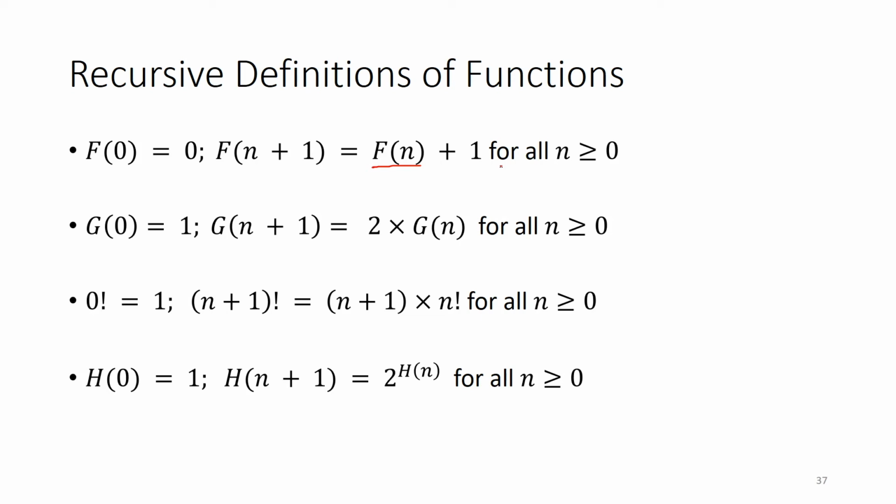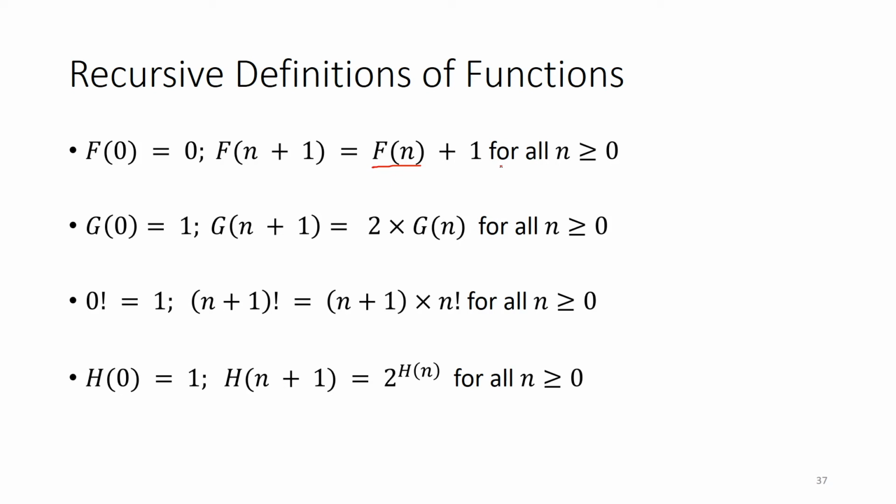So the first step will be 1, next step 2, 2 multiplied by 2 is 4, 8, like this. So it is multiplication of 2. And another one is factorial. So 0 factorial is 1. We can define n plus 1 factorial as n plus 1 times n factorial. Then we can get the result.